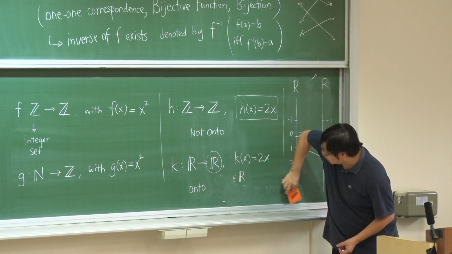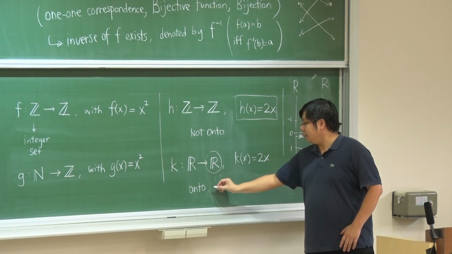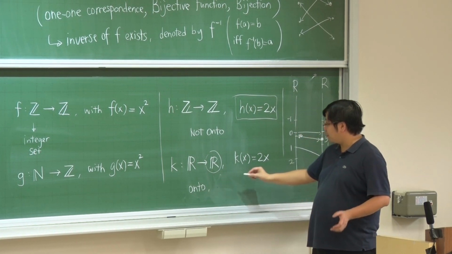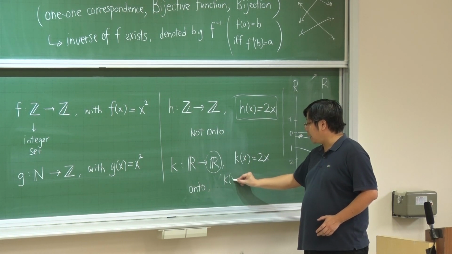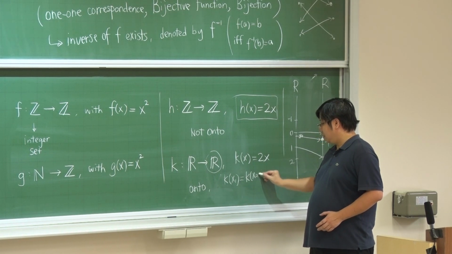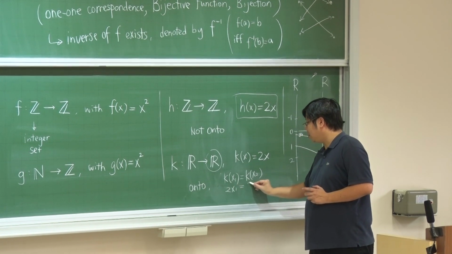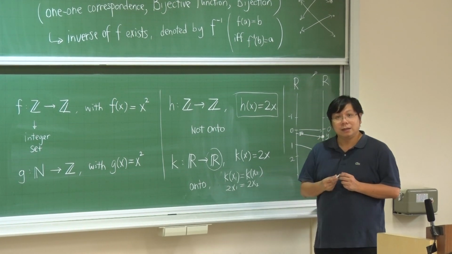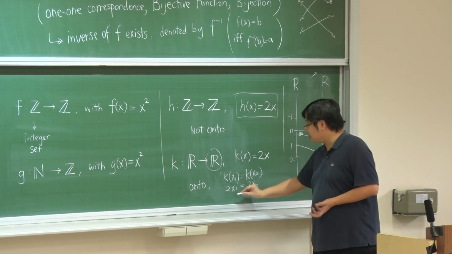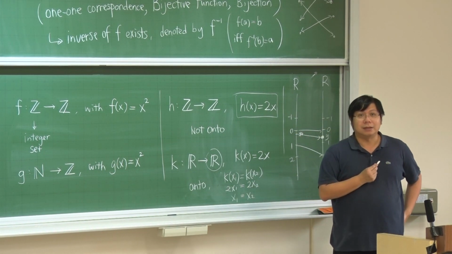So we have already shown that it is onto, and to prove that it is 1-to-1, we observe that if there are two values, k(x1) is equal to k(x2), then you will have 2x1 is equal to 2x2. Am I correct? And if 2x1 is equal to 2x2, then that means that x1 has to be equal to x2. Is that okay?